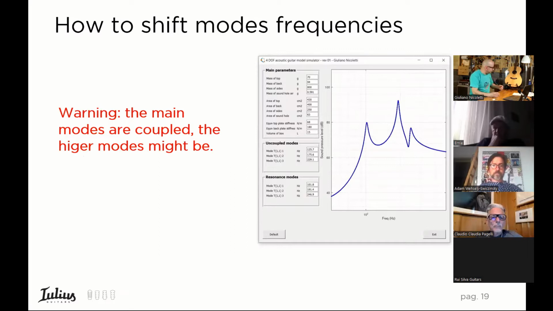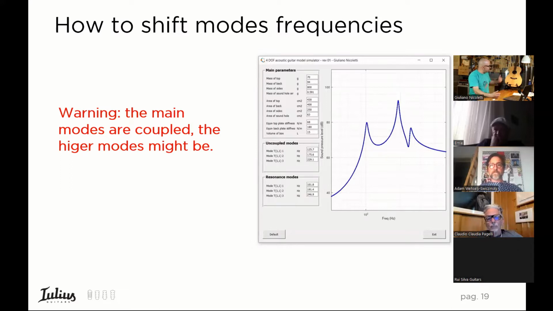As you can see here, there is a mode simulator that I designed based on the Trevor Gore model of a 4 degrees of freedom guitar box. This is a little software where you can change the main parameters of the guitar, and you have uncoupled mode frequencies and resonance mode frequencies.